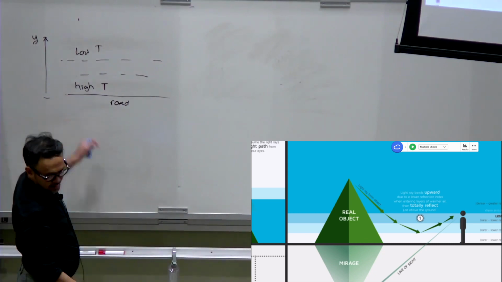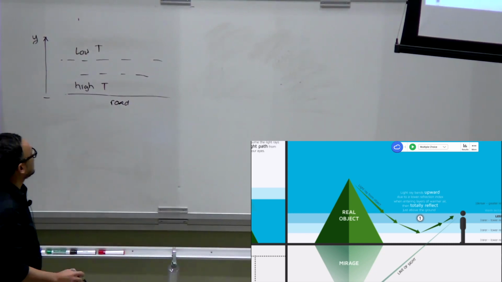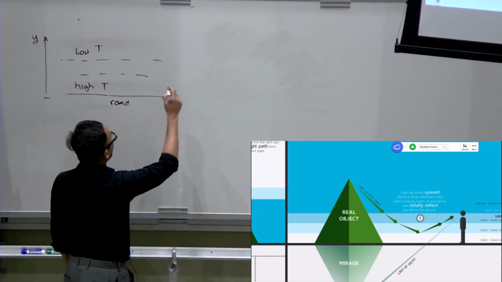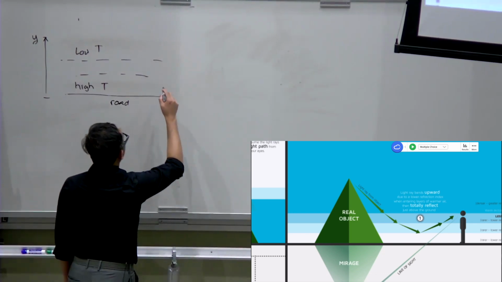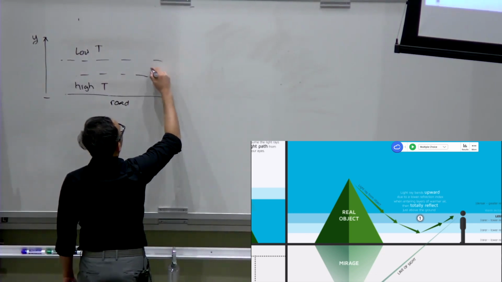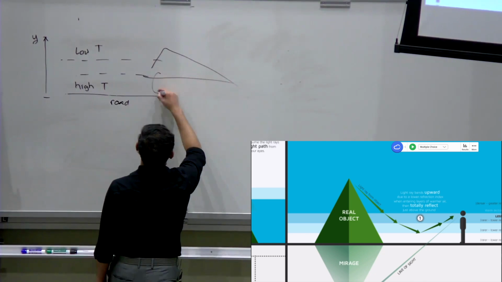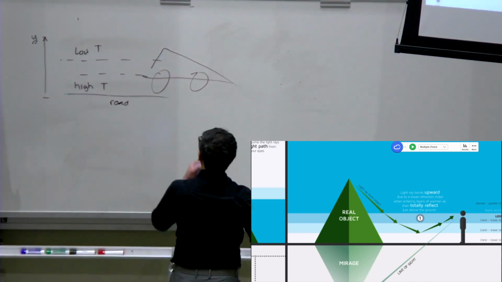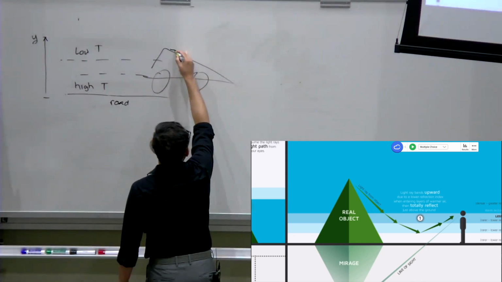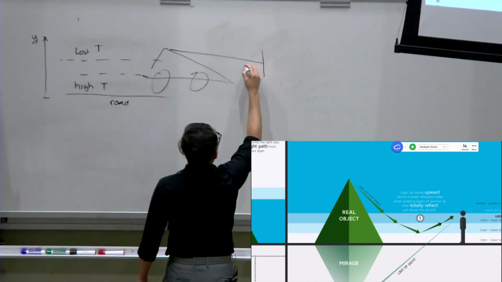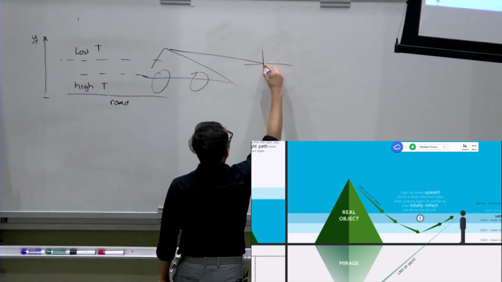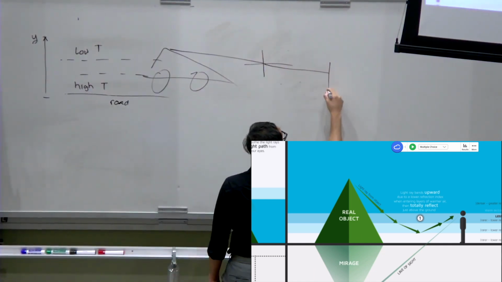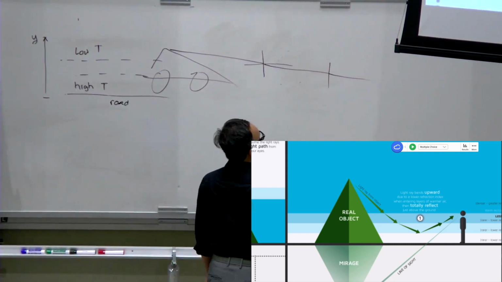So in this case, the light gets bent more and more. Let's say there is a car here, I don't know, a Cybertruck, I don't know how to draw it, something like this maybe. The light goes like this, and then there is another layer where it bends even more, and even more.